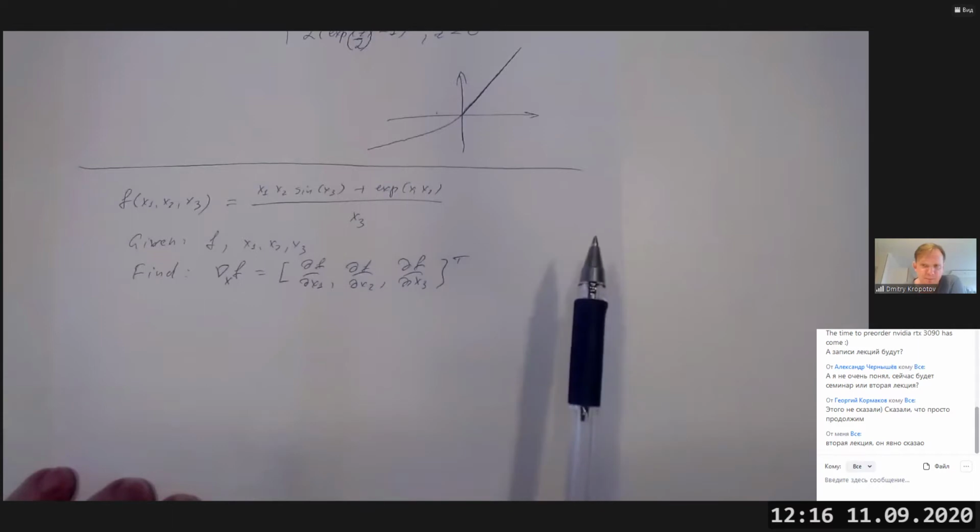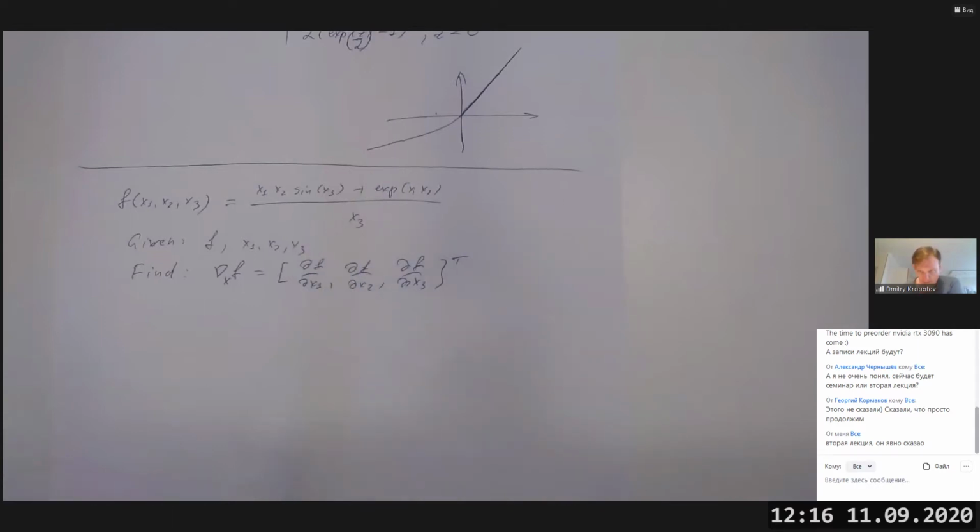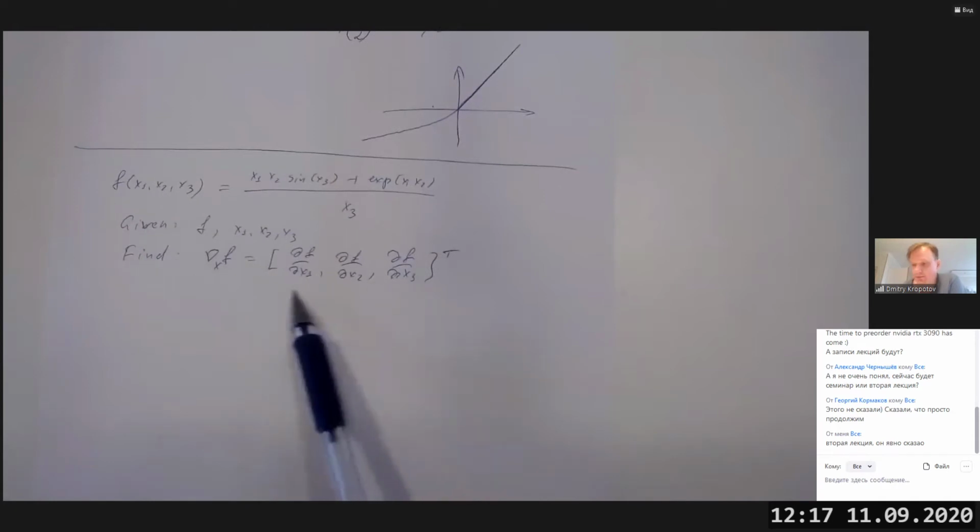You take pen and paper, write down using derivative calculus the necessary formula for calculating the analytical expression for all these three partial derivatives, and then implement these formulas as a computer program and get the result.